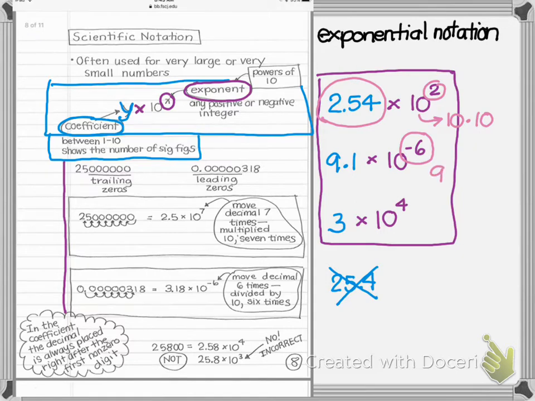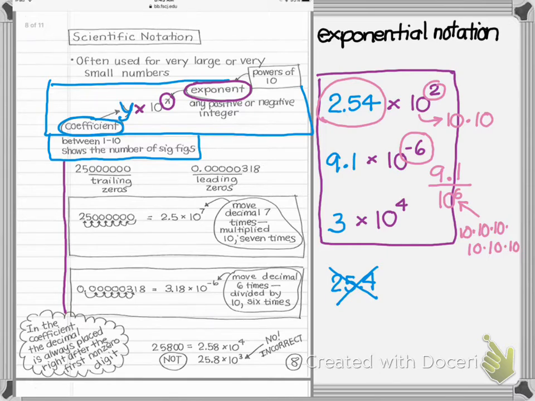So this is really saying 9.1 divided by 10 to the 6th, where 10 to the 6th would just be 10 times 10 times 10 times 10 times 10 times 10, like 1, 2, 3, 4, 5, 6.